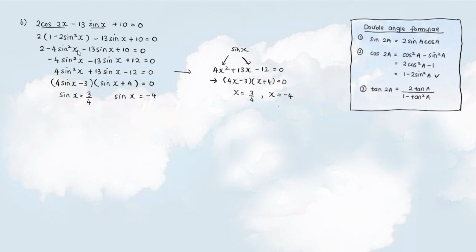For sin x equal to 3 over 4, find the reference angle. Like usual, reference angle is equal to shift sin 3 over 4, which is equal to 48.59 degrees. Sin x is positive, so x is in quadrant 1 and 2.